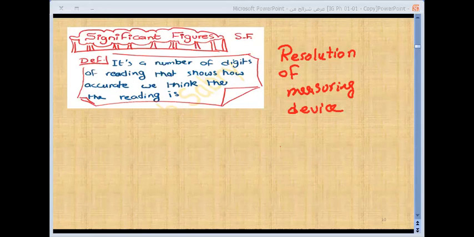Excellent, Muhammad Isam. Excellent, Ahmed Islam. Thank you very much to both, because they gave the answer. Thank you for everyone, but the answer is 1 millimeter, because the least or the smallest division is 1 millimeter. So this is called the resolution.